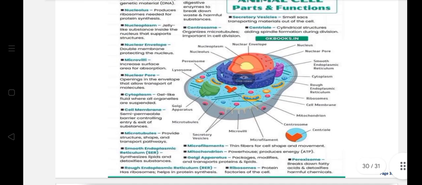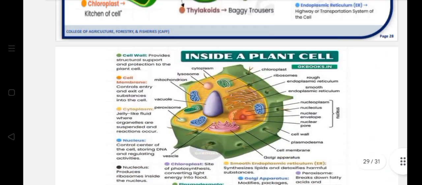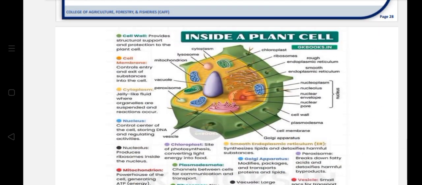But before we end, let's compare plant cells and animal cells. Okay? So plant cells and animal cells are both eukaryotic, meaning they have a nucleus and organelles, but they also have important differences.